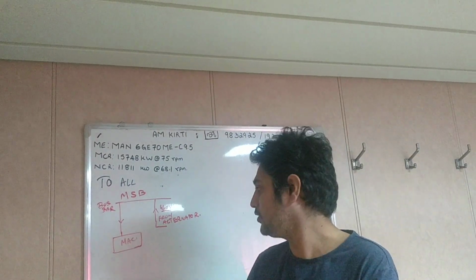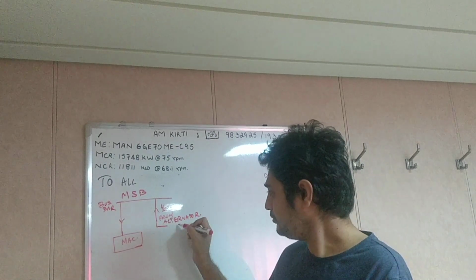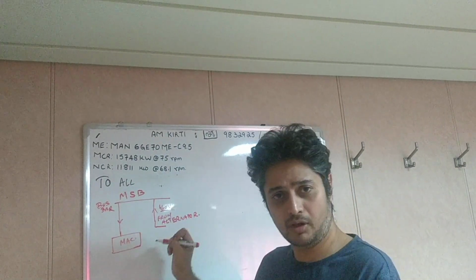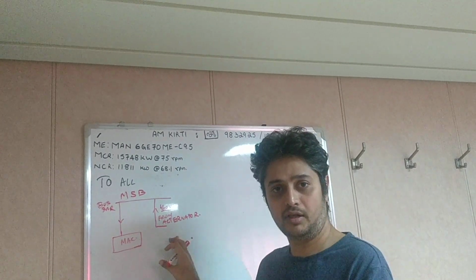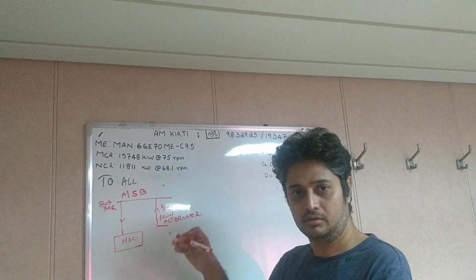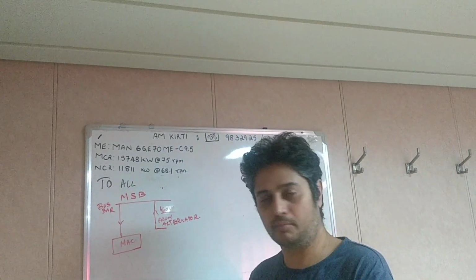So how all this is happening is, once the current is drawn more, the RPM of the alternator will drop, which in turn means the RPM of the prime mover will also drop.